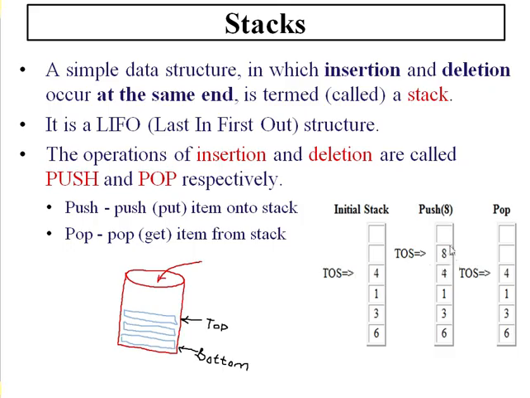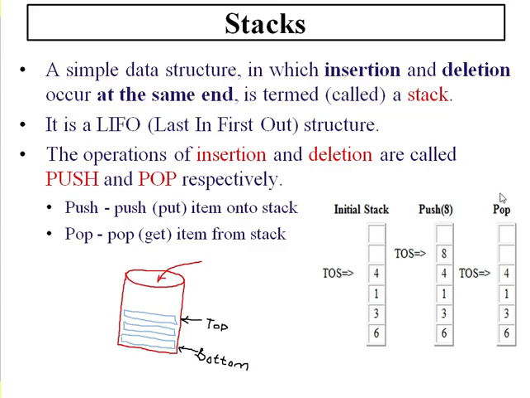Currently, after pushing element 8 on top of the stack, the top of the stack variable will point to the topmost element, which is 8. If we apply the pop operation, that is removing an element, it will obviously remove the topmost element.